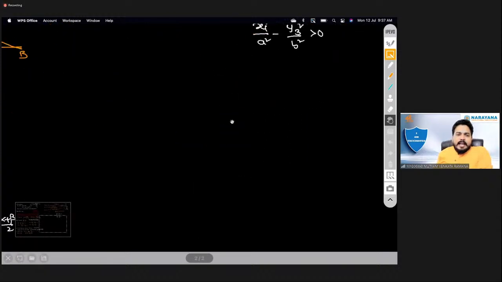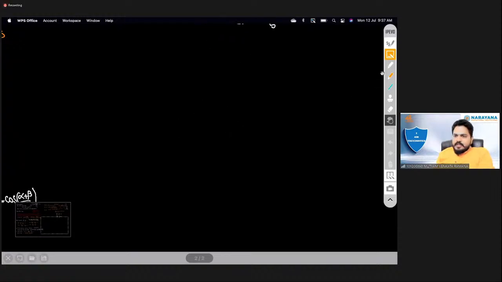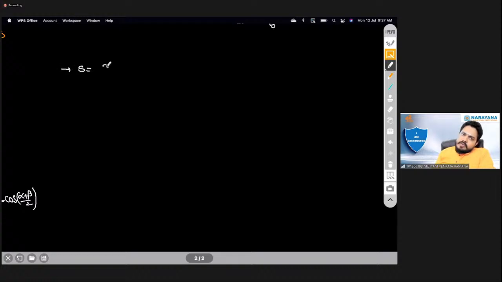Quickly I'll talk about these tangents, normals, chord joining the points. So the curve is S is equal to x square by a square minus y square by b square is equal to 1. I require the tangent at x1, y1.